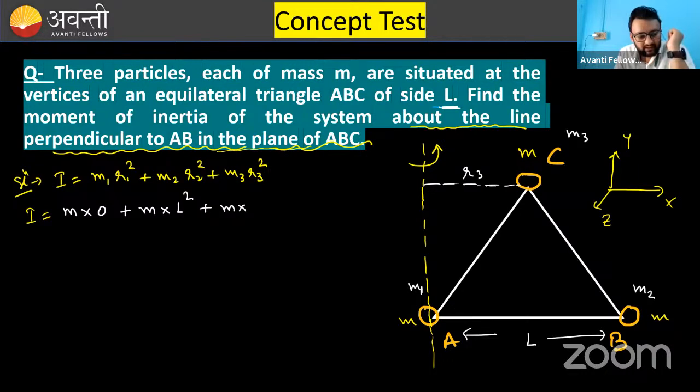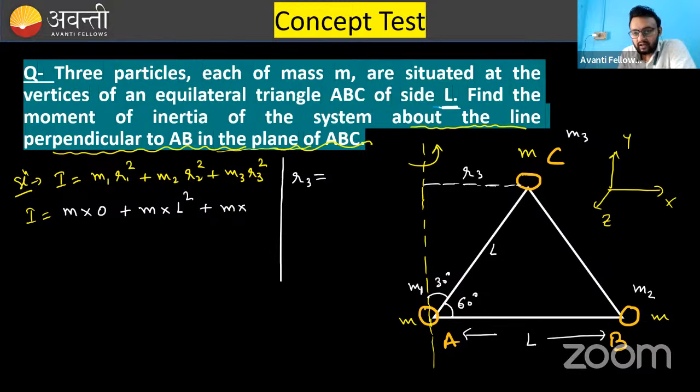Can you see that this is an equilateral triangle? So this angle is 60, then this will be 30, this will be 30. And we need to calculate R3. So R3 will be, I am writing it here, in this right angle triangle, R3 is the perpendicular.